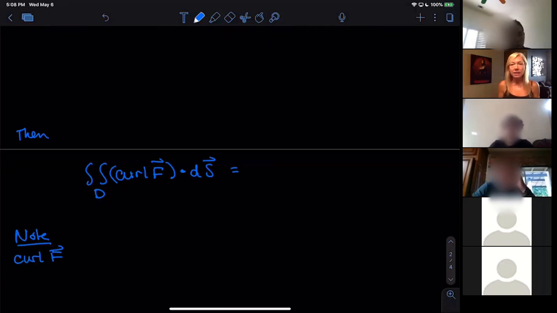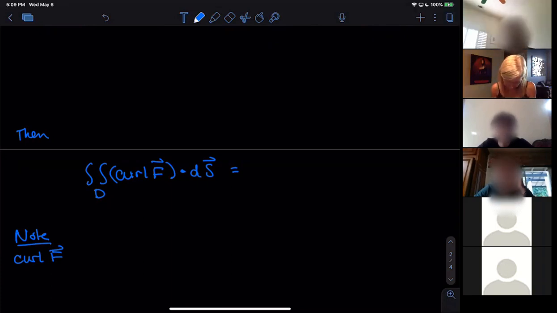And the vector has a direction and a magnitude. What's the direction of the curl vector? What does it have to do with F? Isn't it where it's rotating? Yeah, it's the axis around which it's rotating. Absolutely.